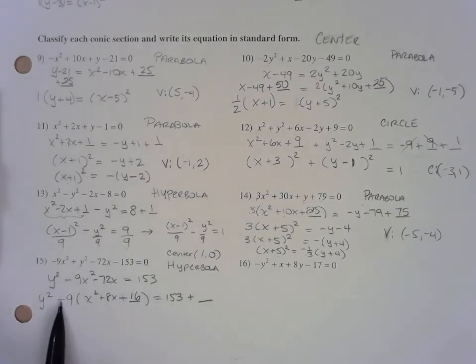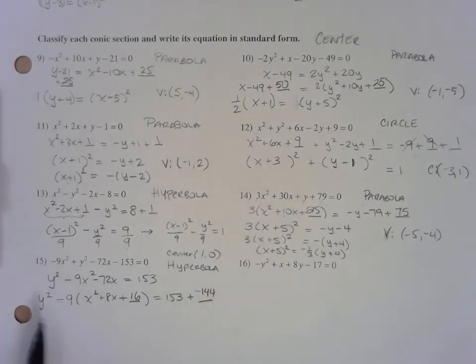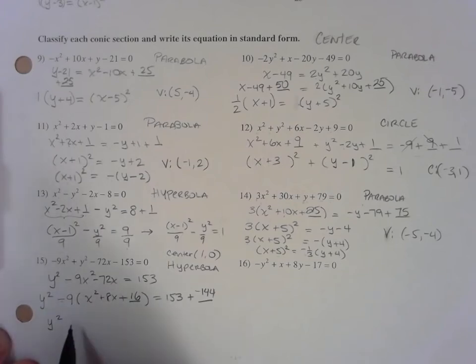Now this negative 9 in front of the parentheses means we've actually increased the left-hand side, really decreased it, by negative 9 times 16, or negative 144. I need to subtract 144 from the right side to balance that out. Y squared minus 9 times the quantity x plus 4 squared equals 9.